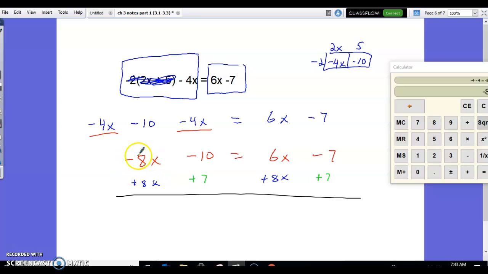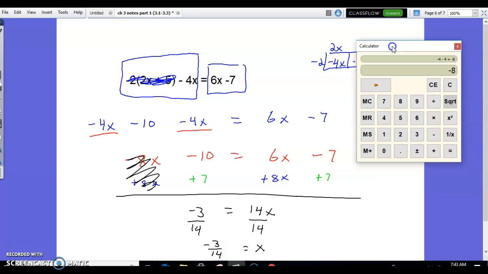So as I go through, these are canceled out. Negative 10 plus 7 would be negative 3 equals 6 plus 8, so that would give me 14x. And then obviously negative 7 and positive 7 would be 0. Here, now I have to divide to get the x to be 1. Divide by 14. So my answer would be x equals negative 3 over 14.